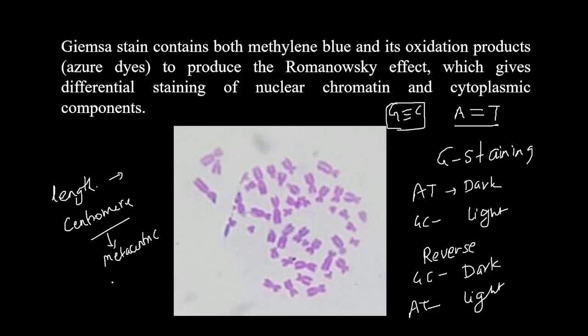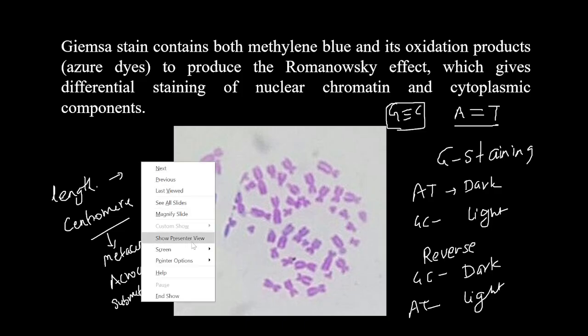If it is near the end, it is acrocentric. Submetacentric means near to the middle position. So every chromosome has a different length as well as a different banding pattern as well as a different centromere position, and on the basis of that you can recognize them.